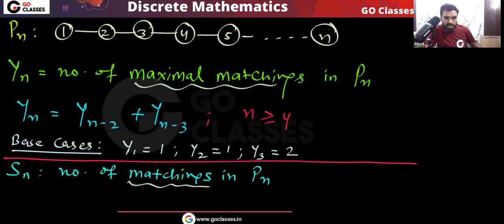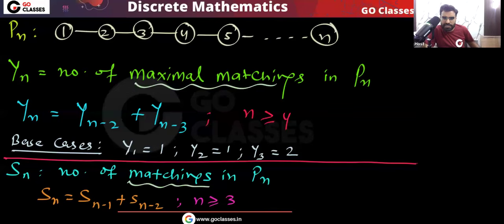So, what was the recurrence relation for Sn? We have already seen. Sn was equal to Sn minus 1 plus Sn minus 2. So, there is a difference here. In the recurrence relation for number of maximal matchings in Pn, we have yn equal to yn minus 2 plus yn minus 3. And in this recurrence relation for number of matchings in Pn, we have Sn equal to Sn minus 1 plus Sn minus 2. Okay. And here n is greater than or equal to 3.